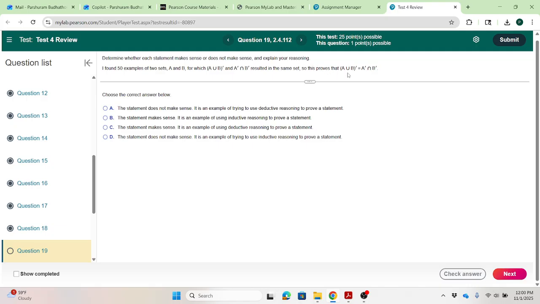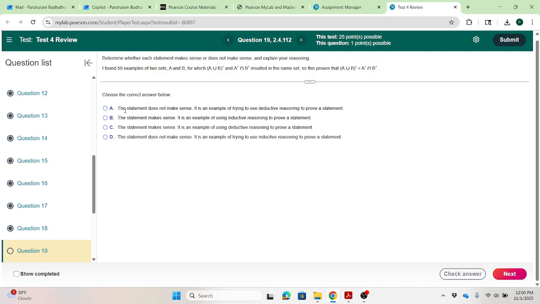So this proves that... okay, actually this is true using De Morgan's law, but just by using 50 examples of two sets, that's not enough.